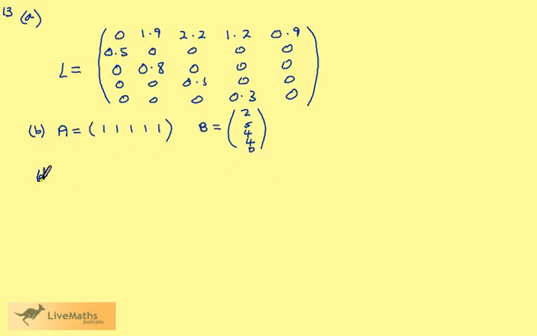We're now told in part D that the population is affected by a disease and the survival rates have decreased. All of the survival rates are now 0.2. So we need to form a new Leslie matrix, which I'll call L2.